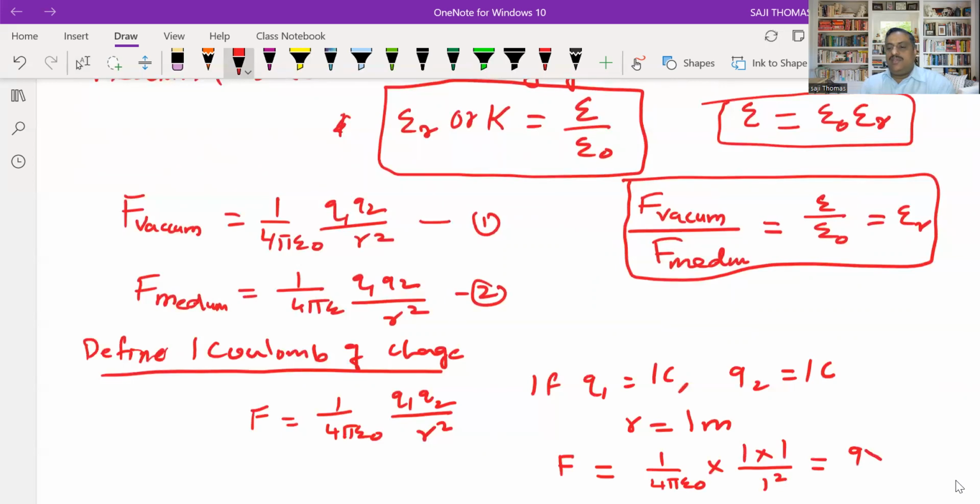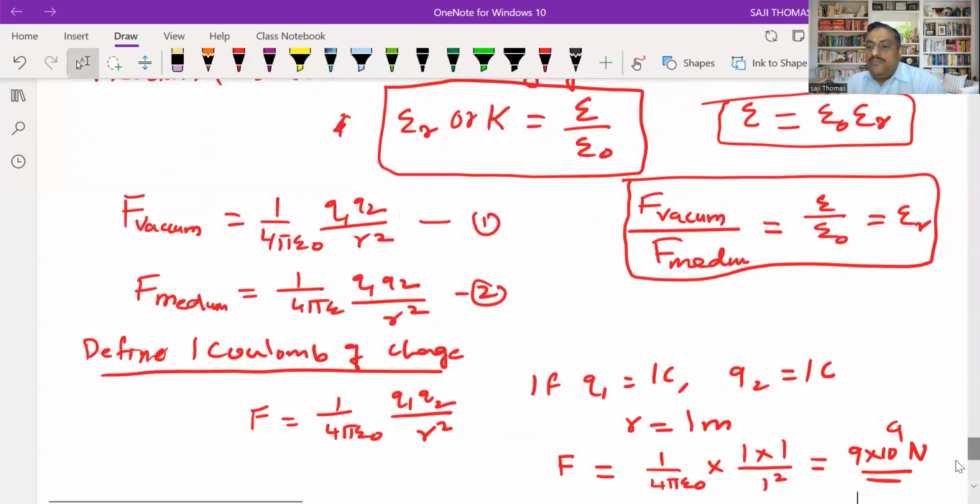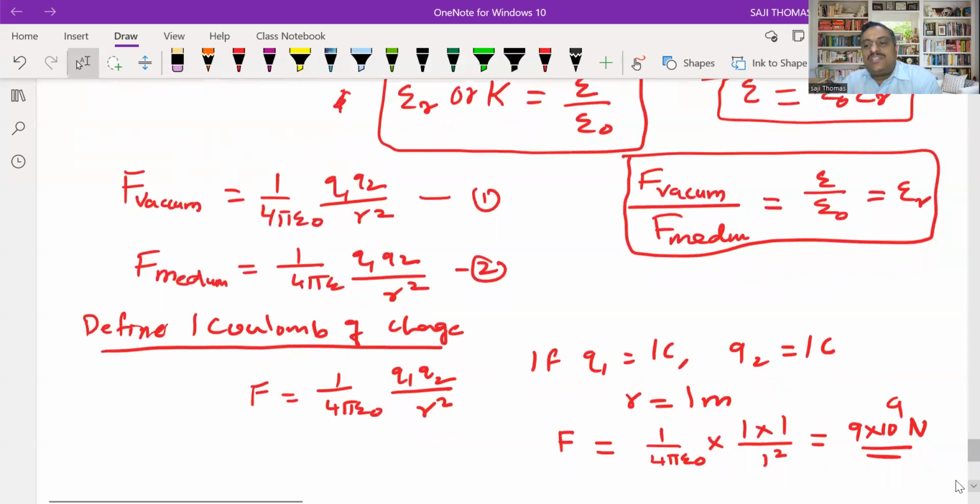It will be 9 into 10 raised to 9 Newton. Now we can define Coulomb. 1 coulomb is that charge which when placed in vacuum at a distance of 1 meter from an equal and similar charge, repels it with a force of 9 into 10 raised to 9 Newton. This is the definition of Coulomb.